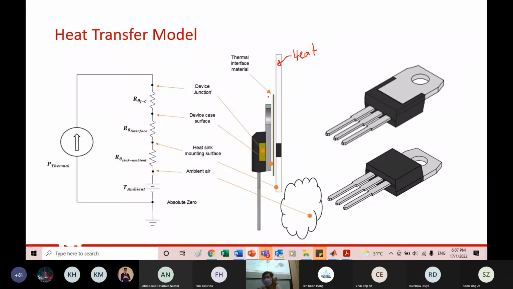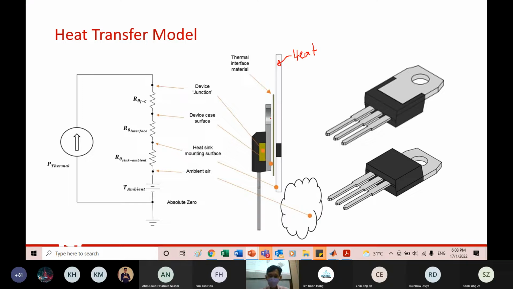The purpose is to help the heat transfer properly, because if you don't have it, there are always gaps in between. Even if it is cut so flat, microscopically there is a lot of gap there. So the gel fills up all the gaps, to increase the heat conduction.